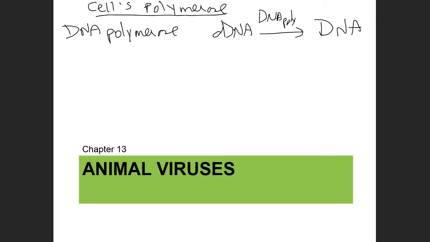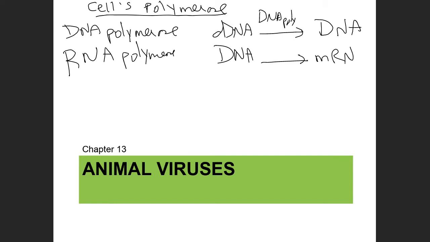A cell is also going to have an RNA polymerase. An RNA polymerase takes a strand of DNA and makes a messenger RNA copy of that strand of DNA. And then later that messenger RNA will be translated into a protein. Those are the two polymerases a cell will have.